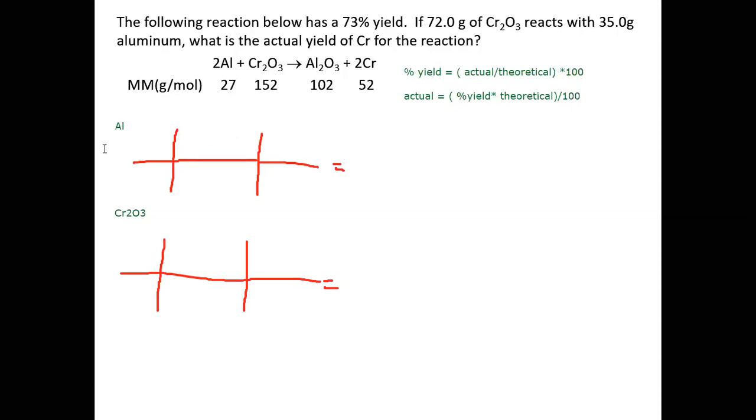So we have 35 grams of aluminum divided by its molar mass. Now here the mole ratio is 2 moles of aluminum equals 2 moles of chromium. And we get 1.30.